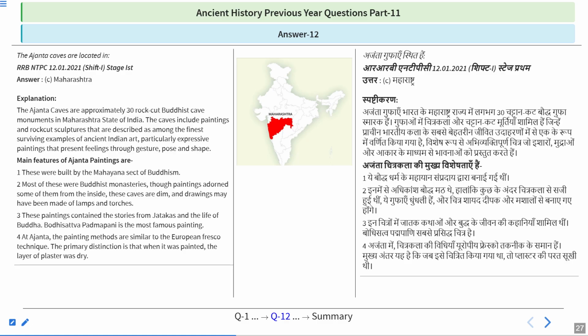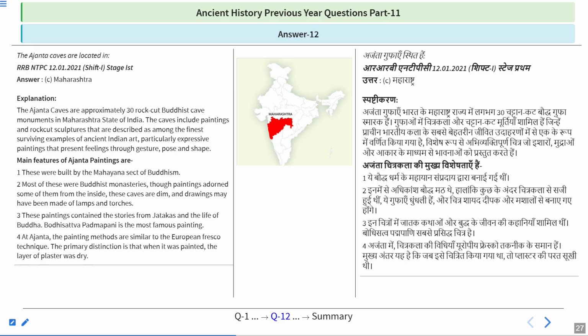So Ajanta caves are approximately 30 rock-cut Buddhist cave monuments in Maharashtra state of India. The caves include paintings and rock-cut sculptures that are described as among the finest surviving examples of ancient Indian art, particularly expressive paintings that present feelings through gestures, pose, and shape. These were built by the Mahayan sect of Buddhism. Most of these were Buddhist monasteries, though paintings adorned some of them from the inside.